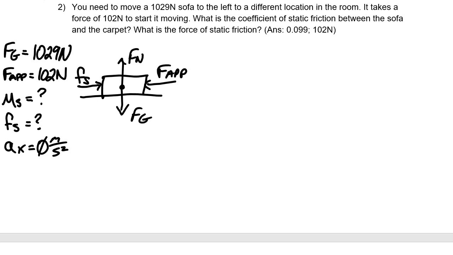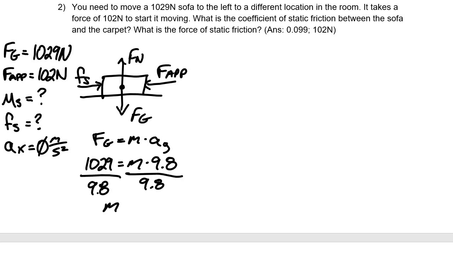The other thing we want to do is use the force due to gravity to find out what the mass is. We have the force due to gravity, 1029, so we have 105 kilograms as our mass.